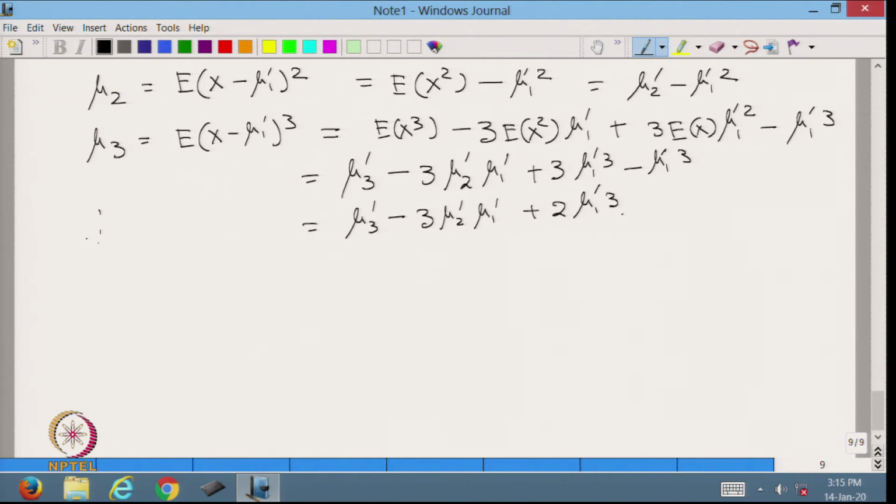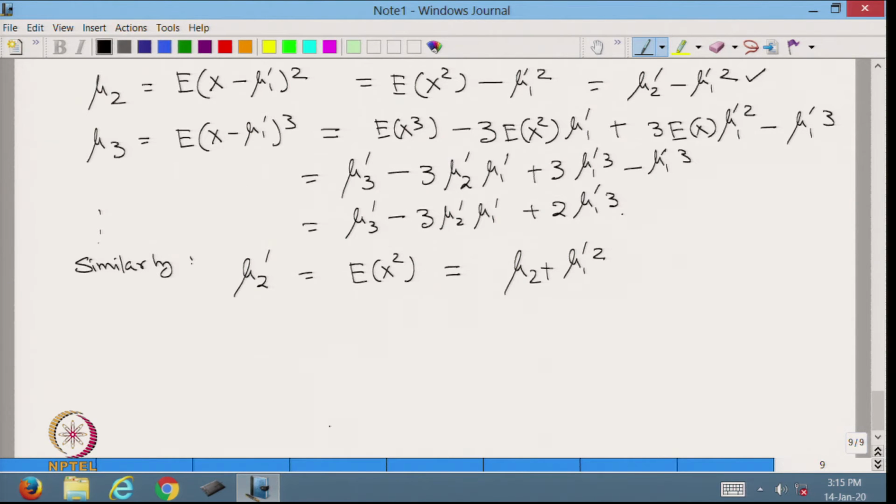In a similar way, we can express all the central moments with the help of raw moments of lower or equal degree. Similarly, mu 2 prime is equal to expected value of x square, is equal to mu 2 plus mu 1 prime square.